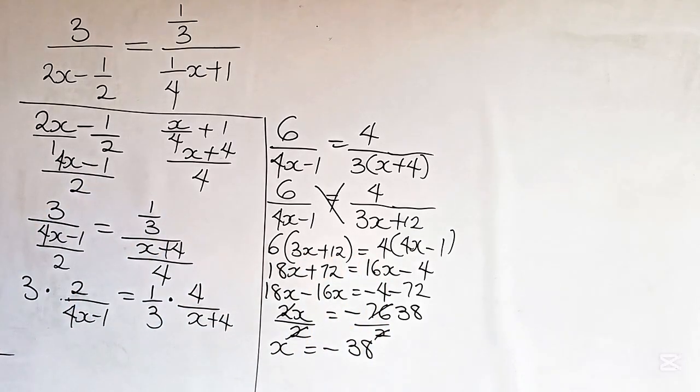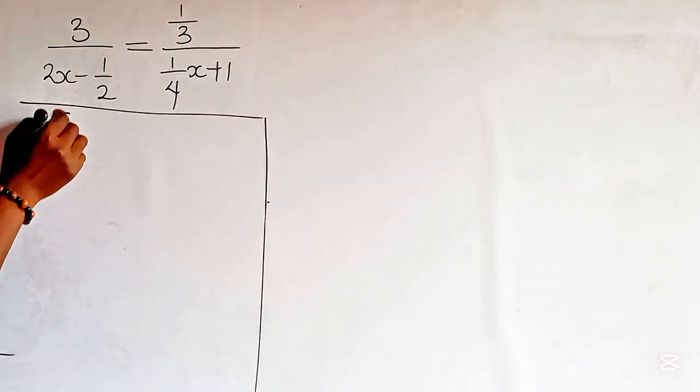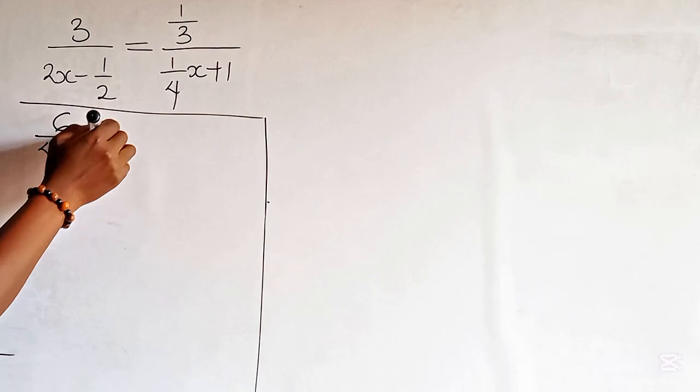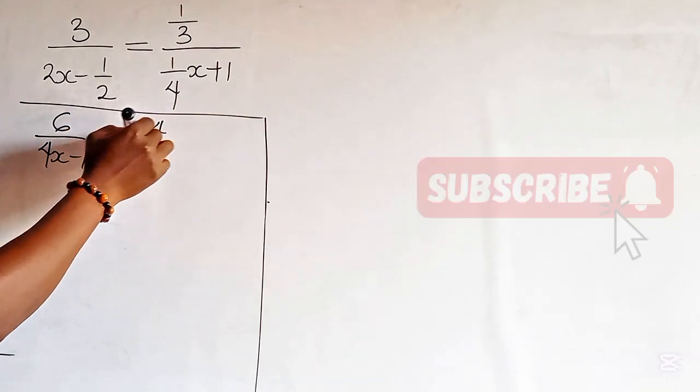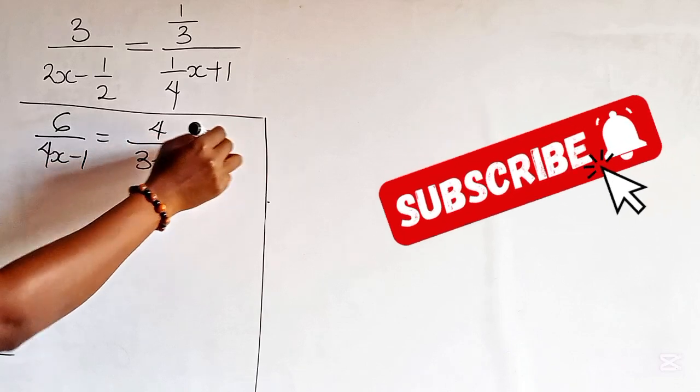Let's take a look at our second method. All right, recall that when we simplify this fraction before we began to solve for x in the first method, we arrived at 6 all over 4x minus 1 is equal to 4 all over 3x plus 12, right?